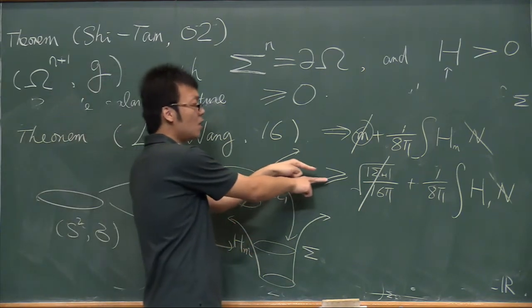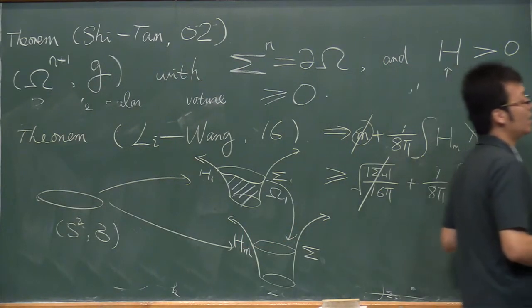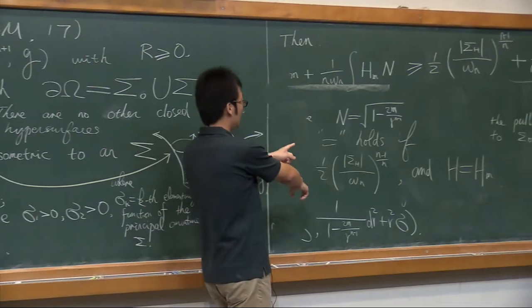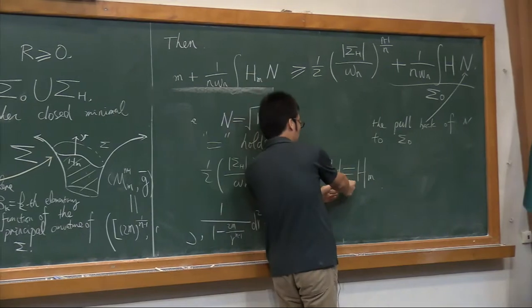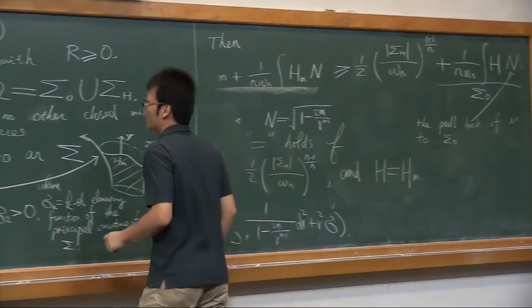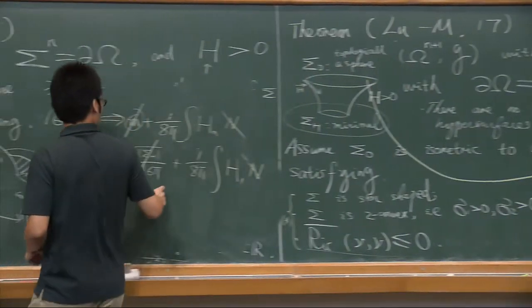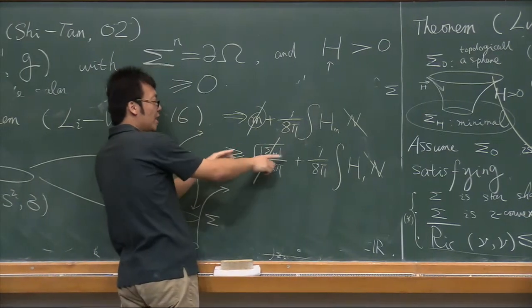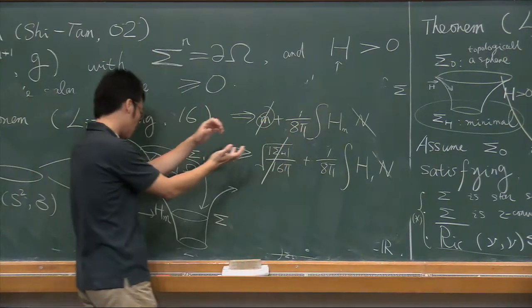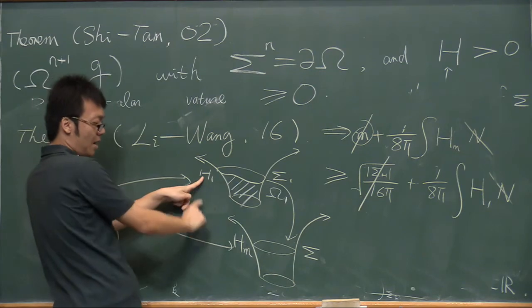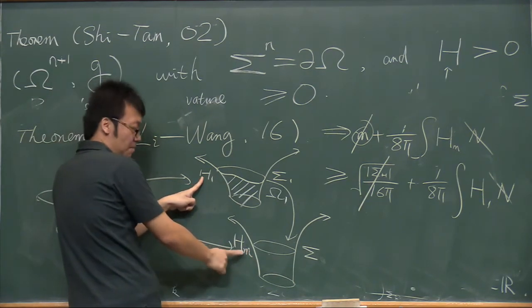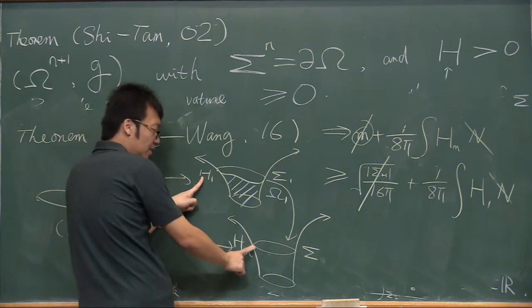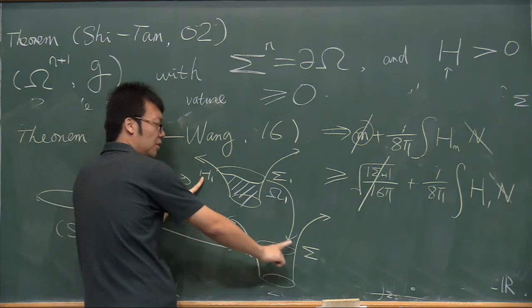And moreover, if equality holds, then using the equality conclusion here, the equality holds if and only if the two mean curvatures agree. In this picture, that says that if the equality in this total mean curvature comparison holds, then the mean curvature h1 must be the mean curvature which is hm. But hm is a constant, as it's the mean curvature of this rotationally symmetric sphere.